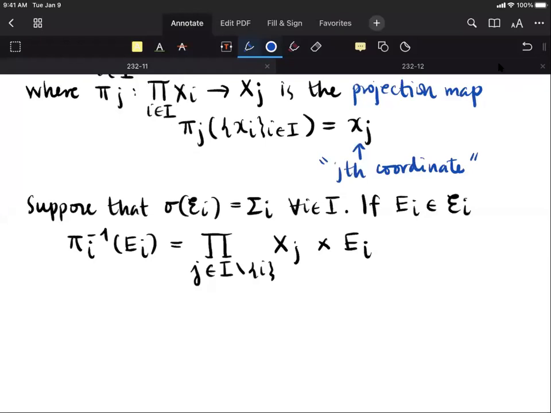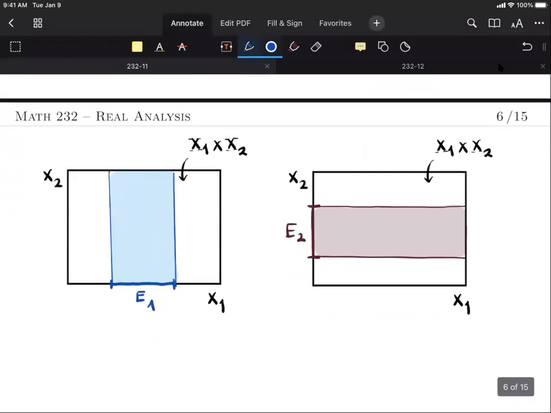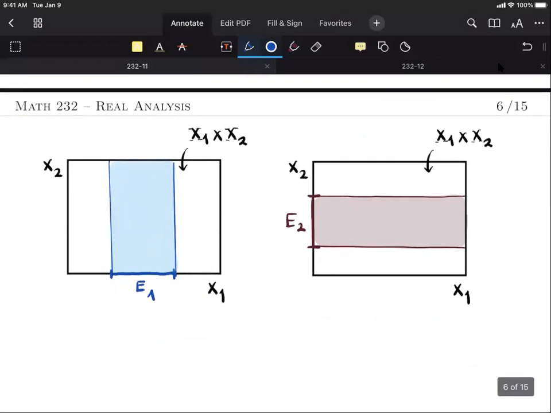To visualize these inverse images of projection maps, let us consider the following illustration in the case of two sets. Here, our index set is the set containing 1 and 2.